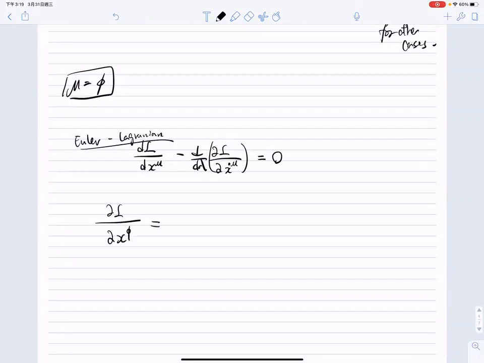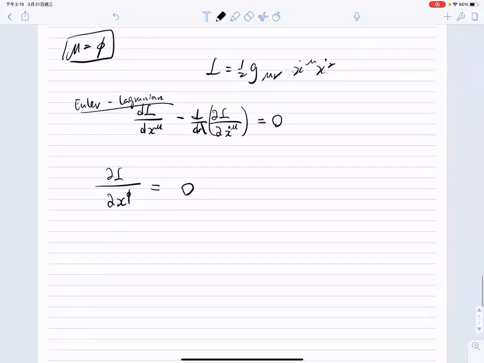Actually, there's no phi dependency for the Lagrangian, right? And then calculate the derivative with respect to x dot phi, and also derivatives with respect to lambda.